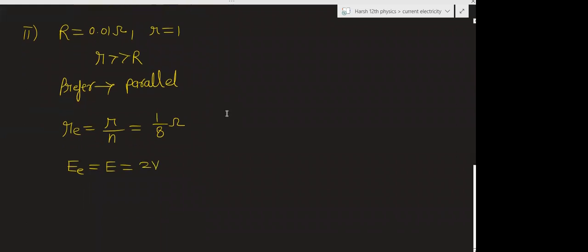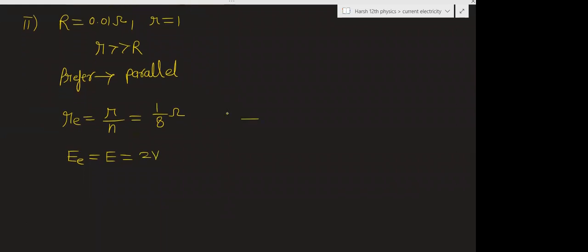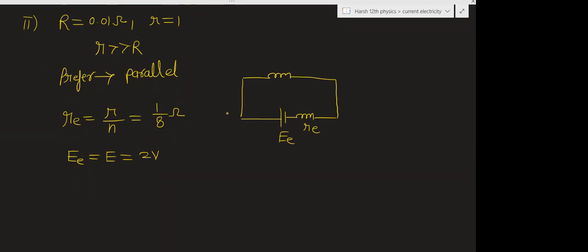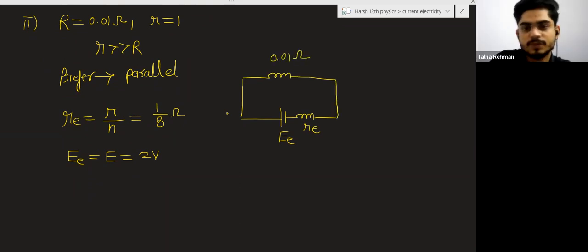If you want to make the equivalent circuit, you have this cell with E equivalent and R equivalent, connected with an external resistance of 0.01 ohm.